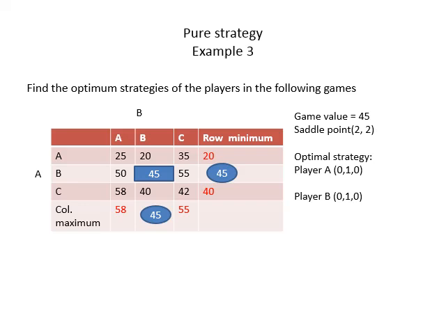The least value in row C is 40. 40 is less than 58 and less than 42. So the maximum of these minimums is 45. It's called maximin.